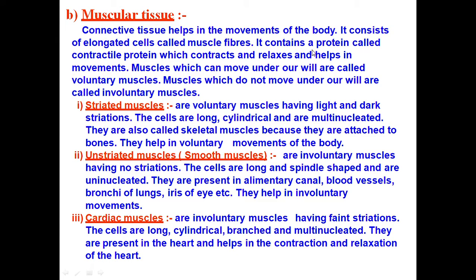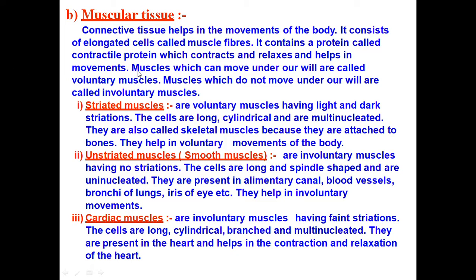It contains a protein called contractile protein, and this contractile protein contracts and relaxes, and then it helps in movement of different parts. These muscles are always attached to the bones, and you know the movement of the different body parts can be brought about by the movement of muscles and bones both.